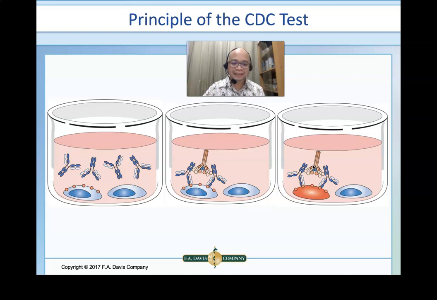The dead cells, whose membranes have become more permeable, are able to take up the dye. Therefore, all colored cells under the microscope are considered dead, whereas the live cells' membranes remain intact, so they cannot take up dye and remain colorless.